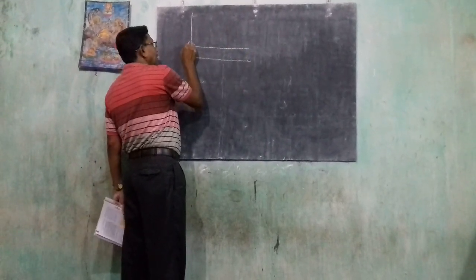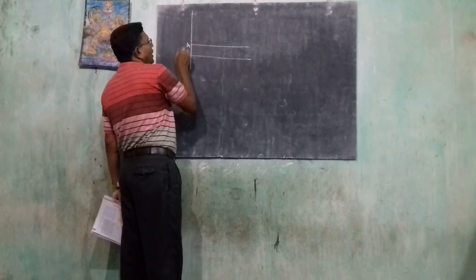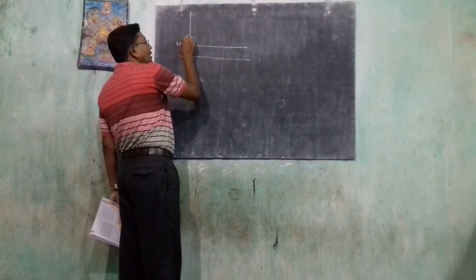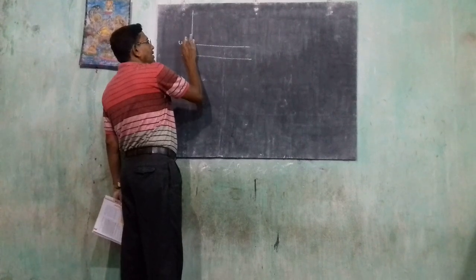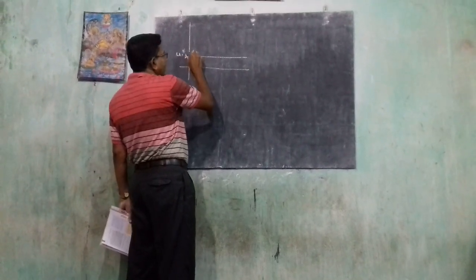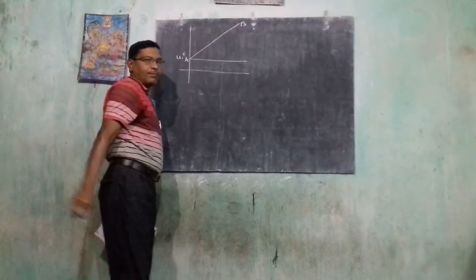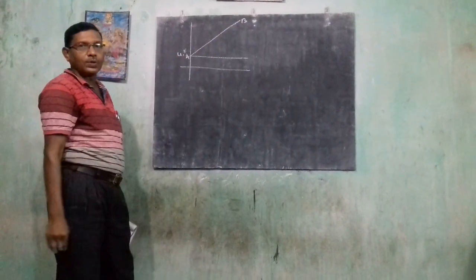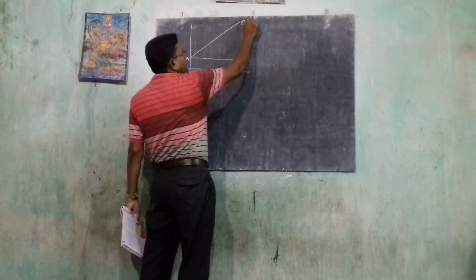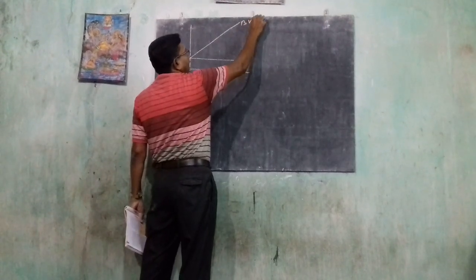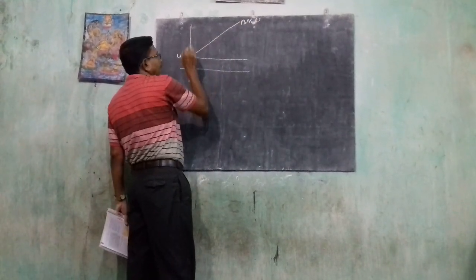Suppose the object is present at A, where the initial velocity is u. After some time the object moves from A to B. In this case, the final velocity is v and the time is t. In this case also t.